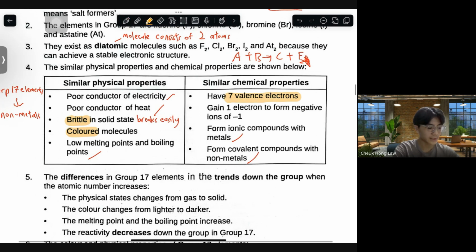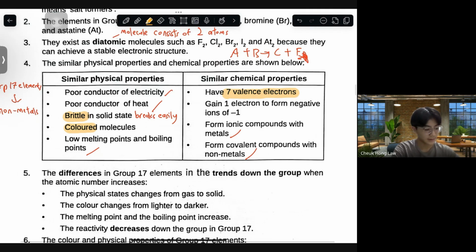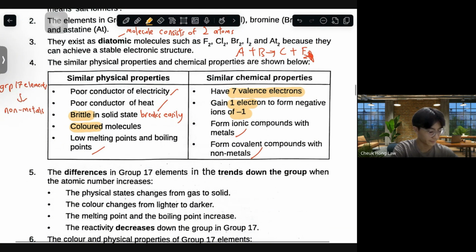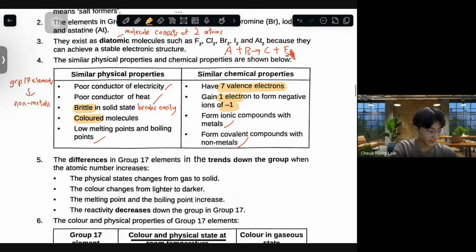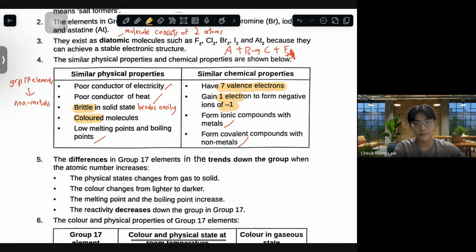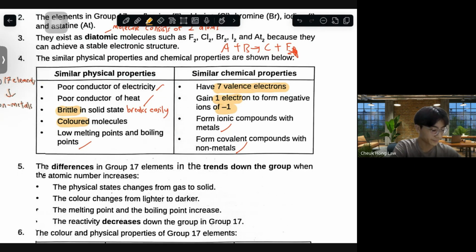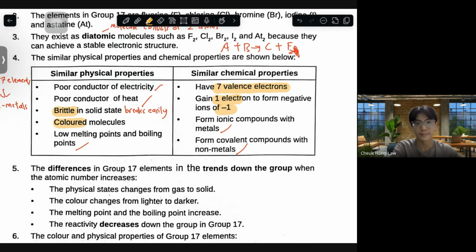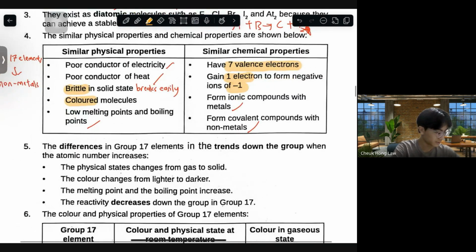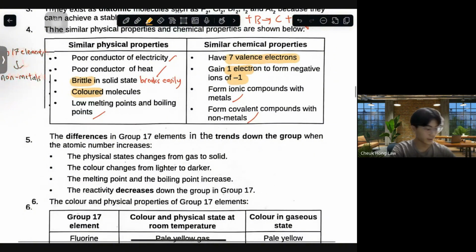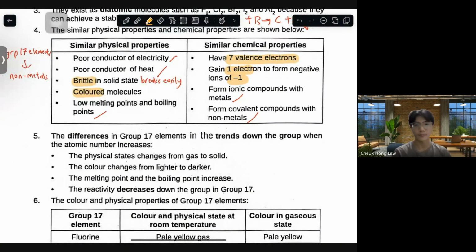That is one of their similar chemical properties. And they will gain 1 electron to form a negative ion of -1, because for a stable electronic configuration, you need 8 electrons. So they just have to gain 1, so that they can form a stable ion. Okay, so those are your similar physical and chemical properties.